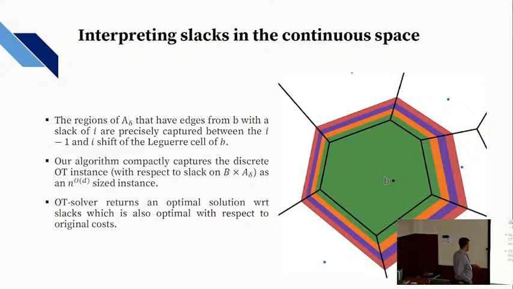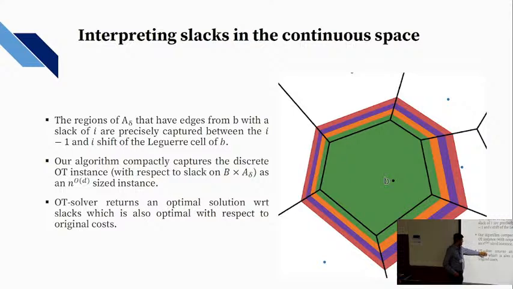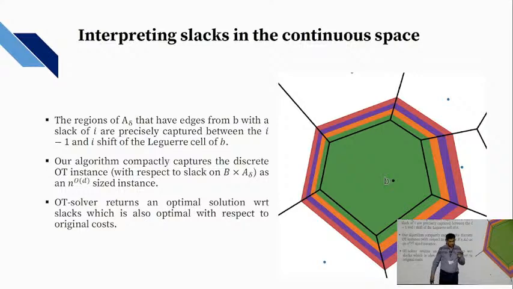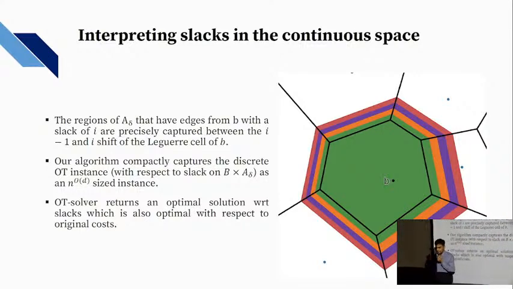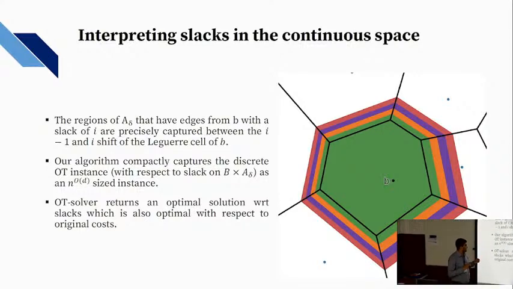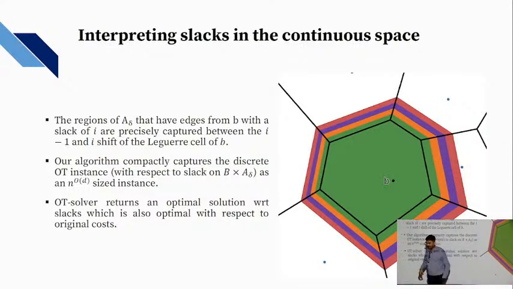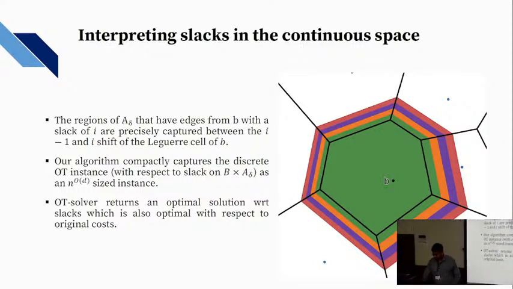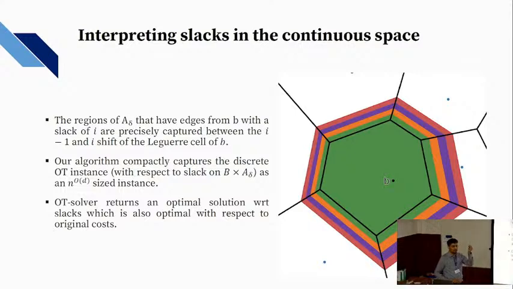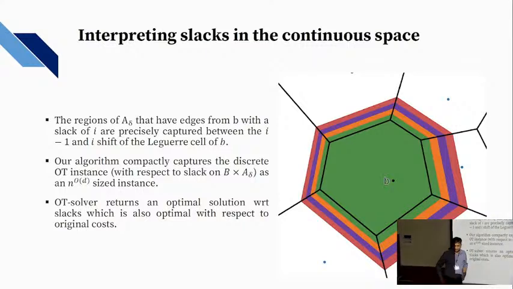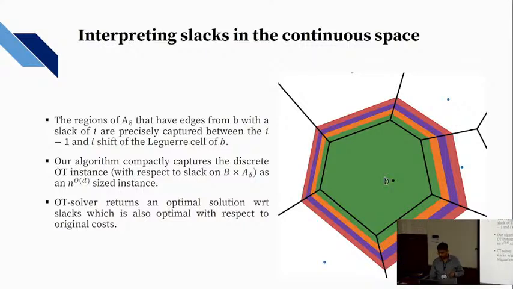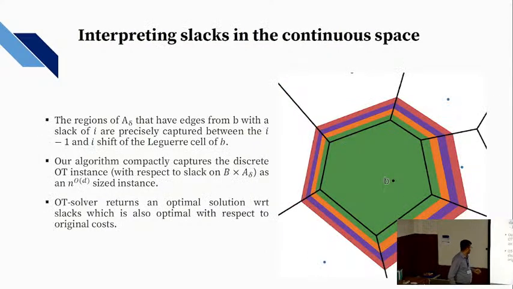And like we discussed, we take the arrangement. When we take the arrangement, for every cell in that arrangement, if you take any 2 regions of A delta in that cell, they will be indistinguishable to every other point of B. So we can condense them into a single point because they're indistinguishable, and then solve the discrete OT problem.